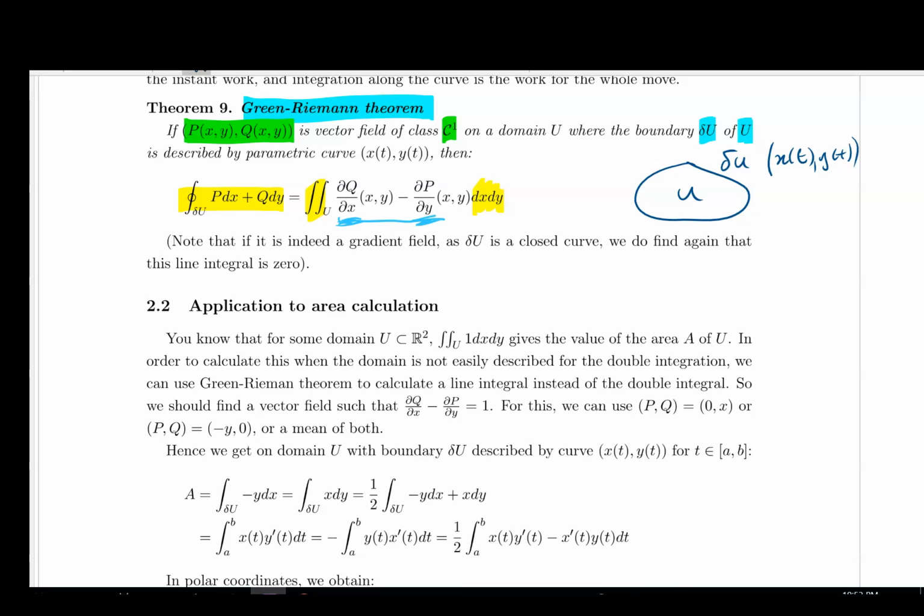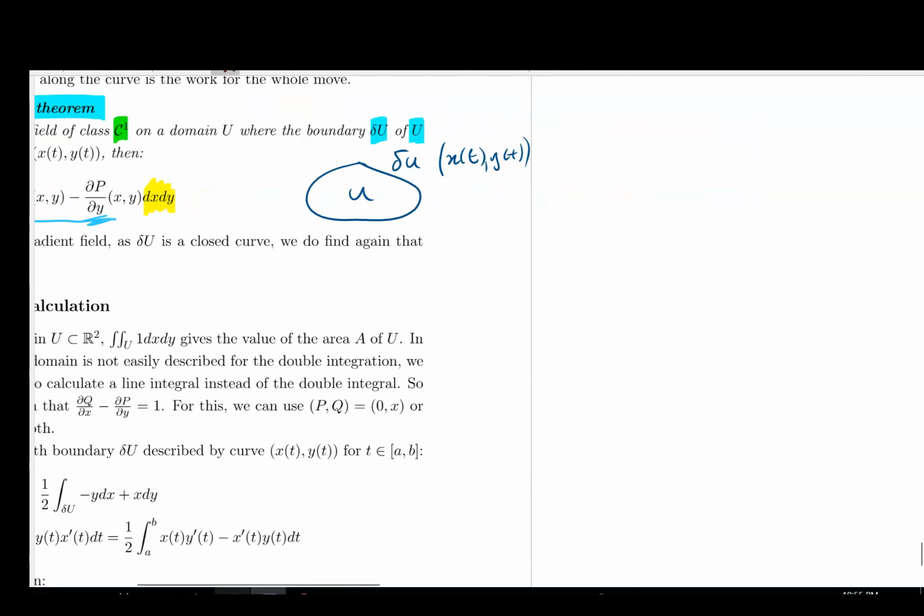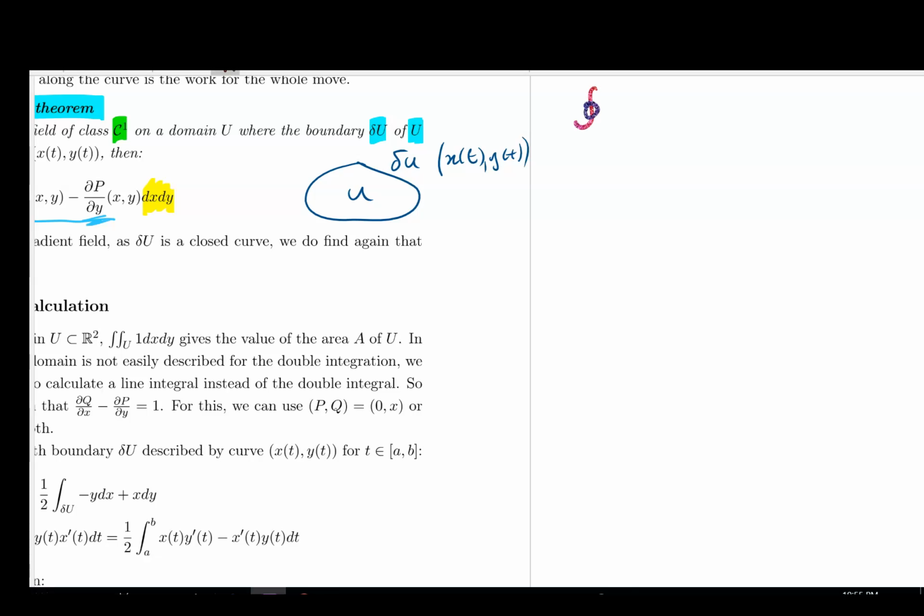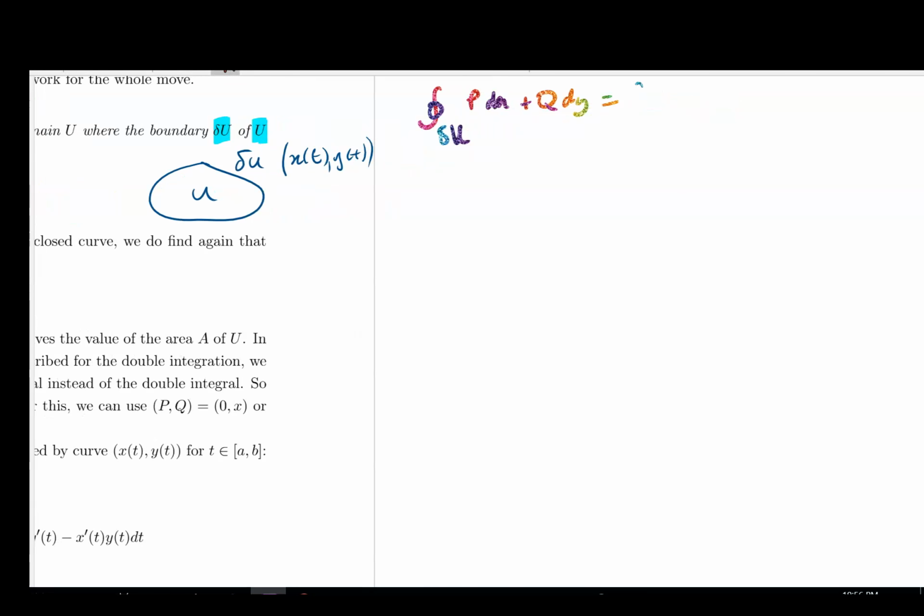Okay, so the Green-Riemann formula: we want to prove that we've got this thing. So the line integral on delta U of P dx plus Q dy, as always, is going to be equal to the double integral of dQ over dx of x,y, of course, minus dP over dy of x,y dx dy.